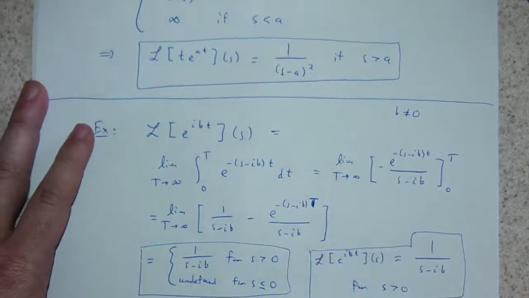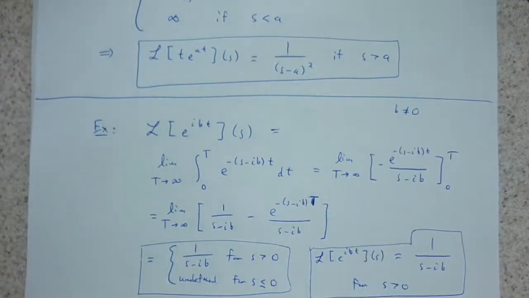Now you might already anticipate what it is I'm going to use this for. If I use Euler's formula to relate e to the ibt to sine and cosine, then I'm going to be able to say something, hopefully, about the Laplace transforms of sine and cosine from this fact. And that's exactly the idea.